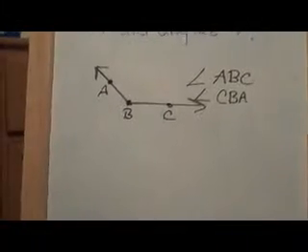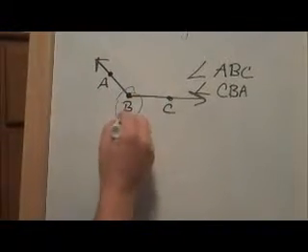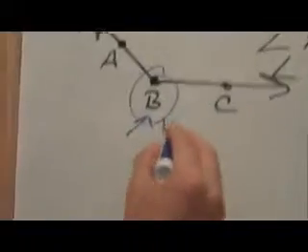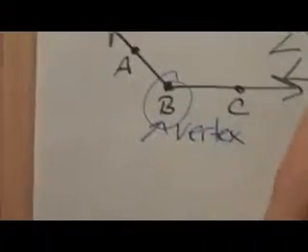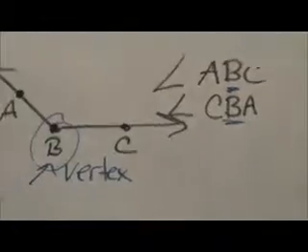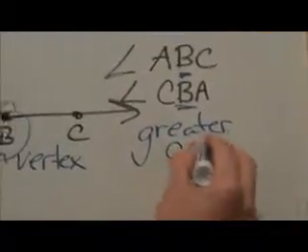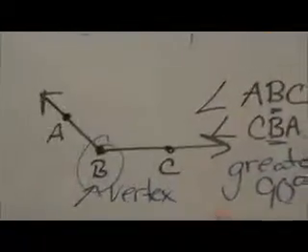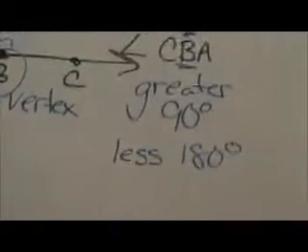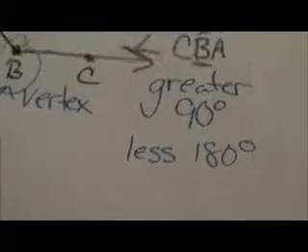I almost forgot that the center of my angle, of my two rays, because I have ray BA and I have ray BC, this is my vertex. In the center, I have my B. Now, an obtuse angle will always be greater than 90 degrees, but less than 180 degrees. This is something you just had to know along the way.